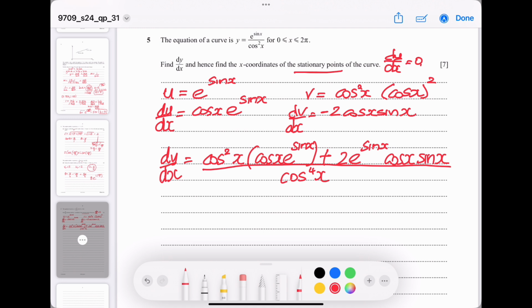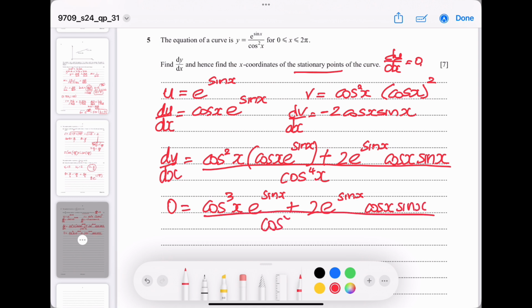As we said, to find the stationary points, we know that that derivative is equal to 0. So 0 is equal to cos cubed x e to the sine x plus 2e to the sine x cos x sine x over cos to the 4x.